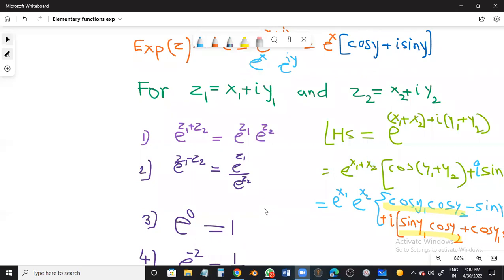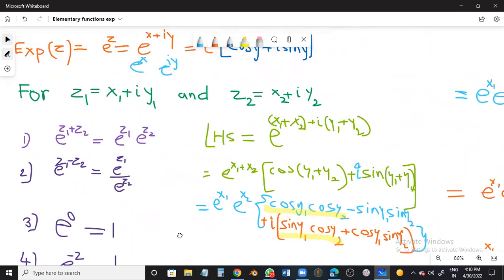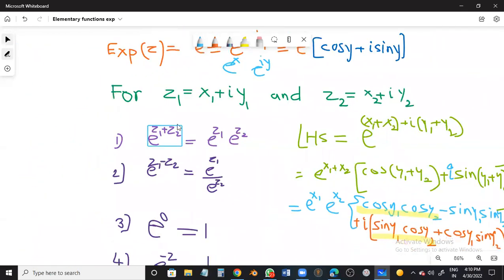So we want to show that e raised to z1 plus z2 is nothing but e raised to z1 into e raised to z2. So is it really true? That we want to check. Let us begin with our LHS, e raised to z1 plus z2.